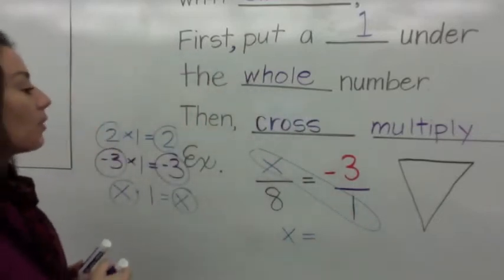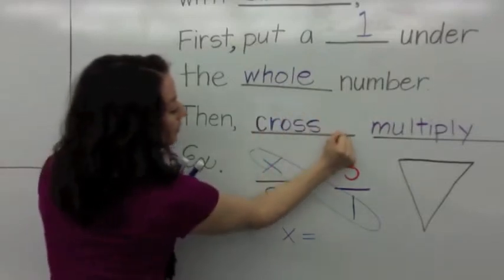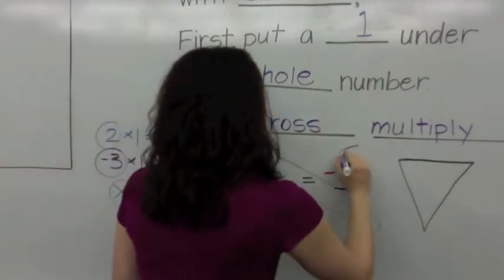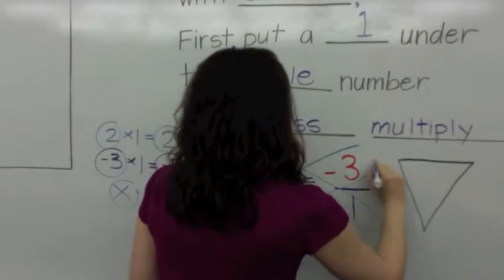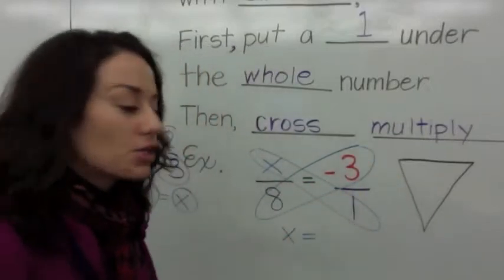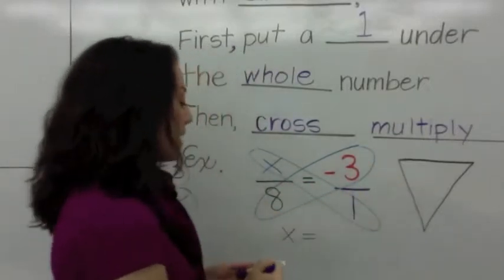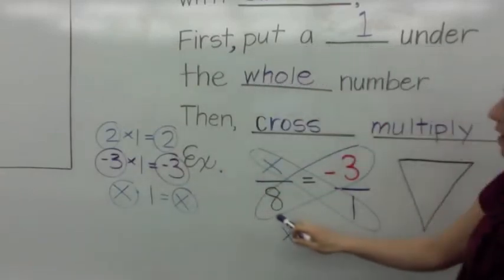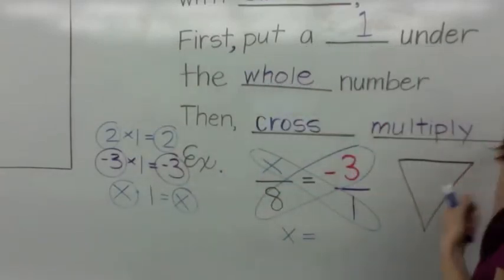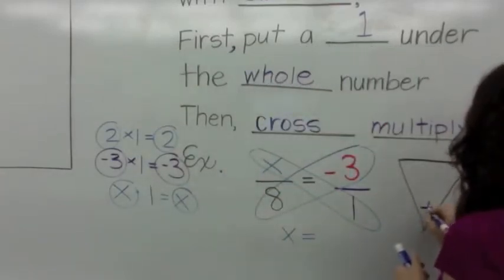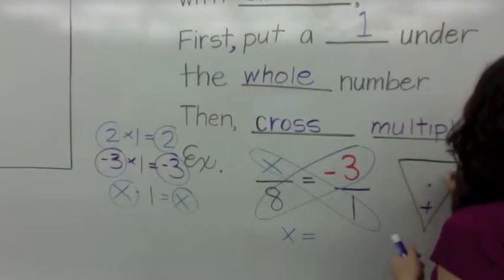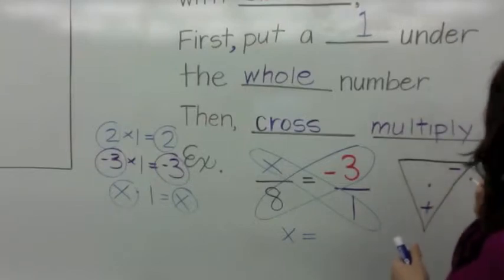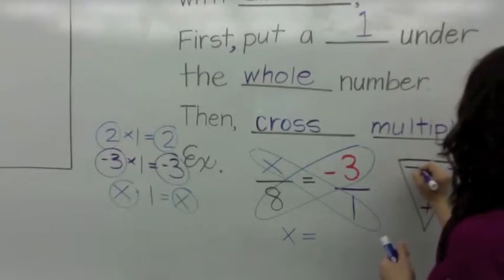Now we're going to cross multiply the other wing of the butterfly. What is 8 times negative 3? Who's going to help us? This is Bob. He's going to say, if you have a positive 8 and a negative 3, a positive times a negative is negative. That's right, so circle that.